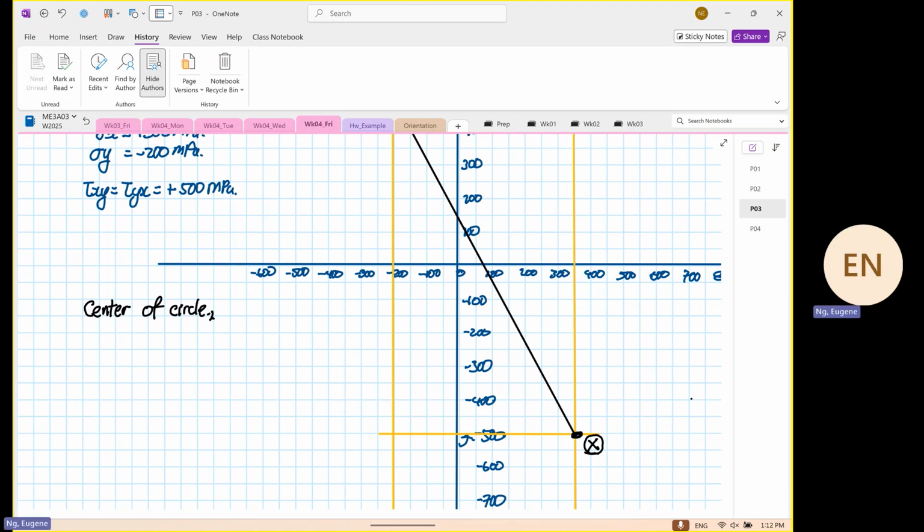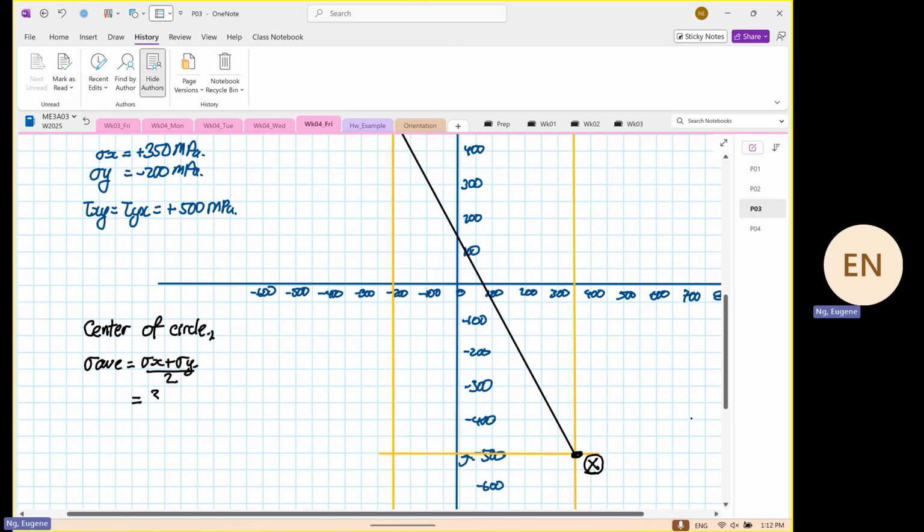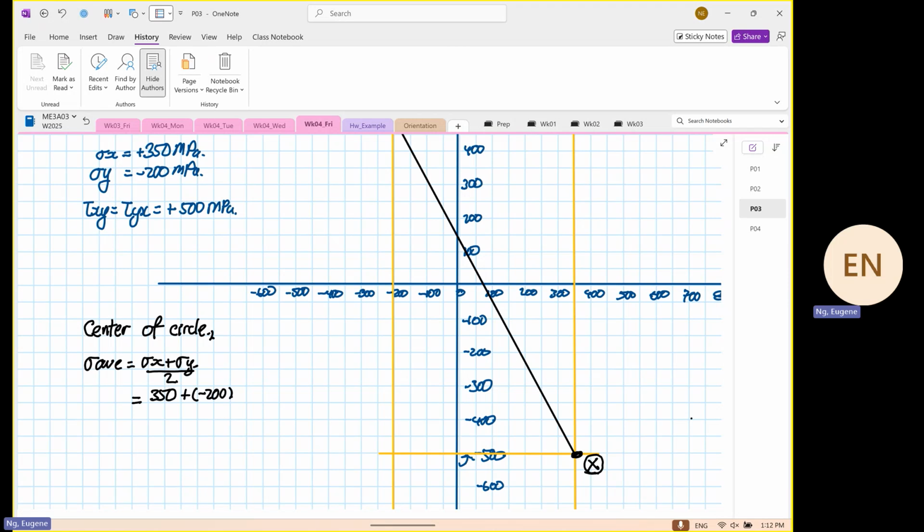The center of circle is known as stress average. So this will be equal to stress X plus stress Y divided by 2. We know that stress X is equal to 350 plus minus 200. Remember, stresses are vectors. So this will be equal to 150 divided by 2, which is equal to positive 75 megapascal.